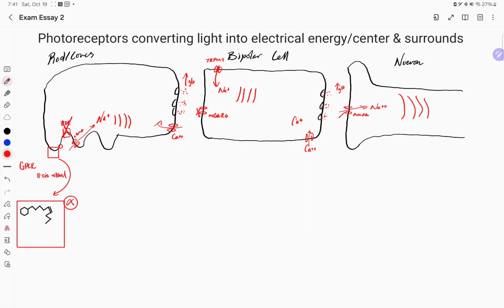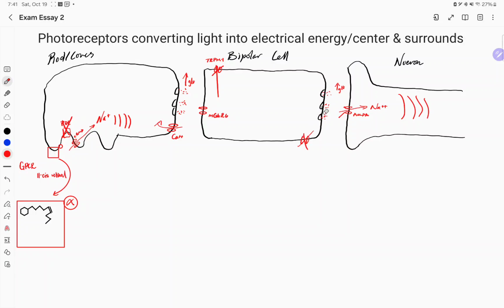If that's the case, this glutamate is going to be binding to mGluR6, which is going to activate it, which is going to cause the TRPM1 channel to actually close. Sorry, out of business. And if that happens, this calcium channel is also closed.